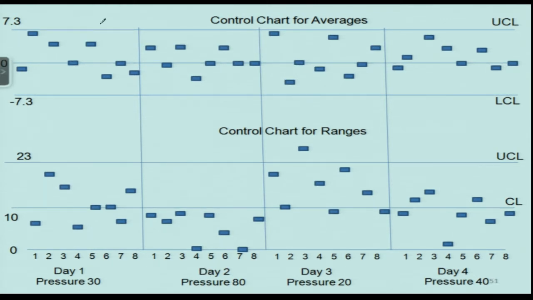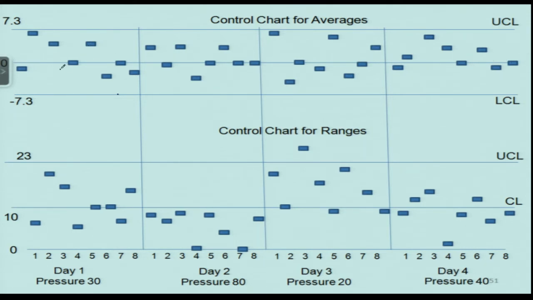You have the X bar chart, which is the one up here, and the R chart, which is the one down here. If we first take a look at the X bar chart, what you will see is that the X bar values do not significantly change. The X bar is pretty much stable.